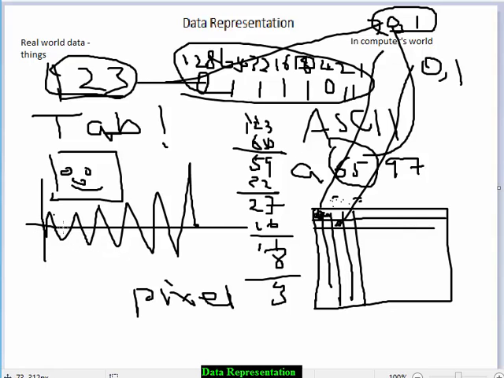Now you can imagine the same thing with a sound wave. As long as you can turn it into many numbers, then you can use computers to represent them inside the computer. How do you do that? You sample it. What is meant by sample? It means you are going to measure the height at regular intervals.